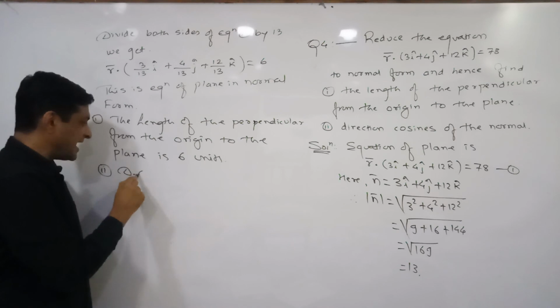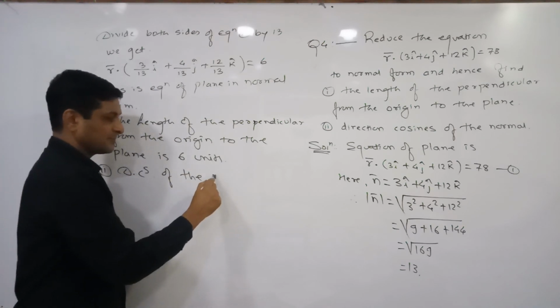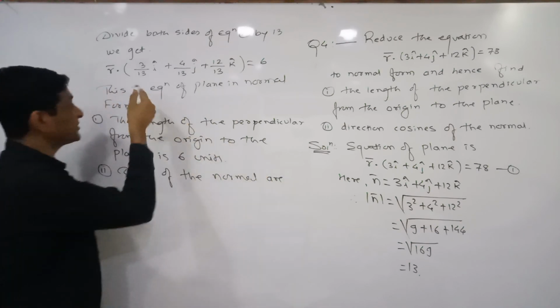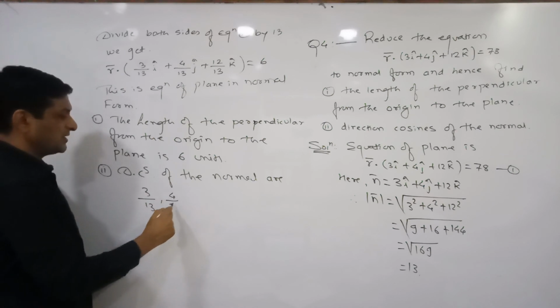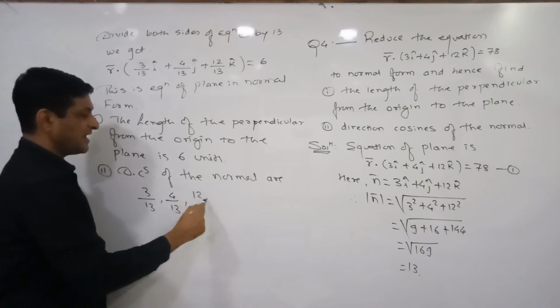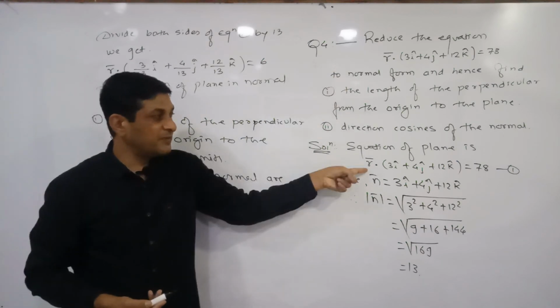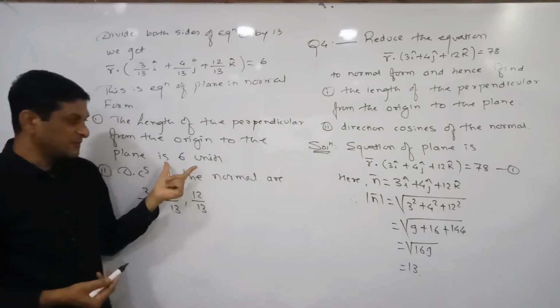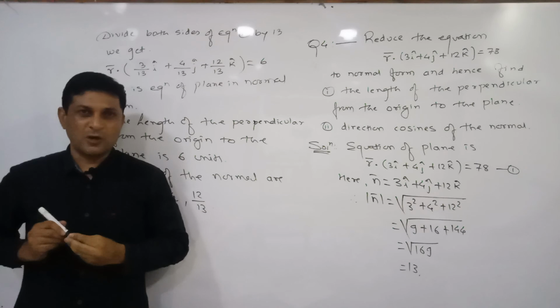So the direction cosines of the normal are 3 upon 13, 4 upon 13 and 12 upon 13. In this way, first we have reduced the given equation to normal form, and then we have got the distance of the plane from the origin, and lastly we have got the direction cosines of the normal to the plane.